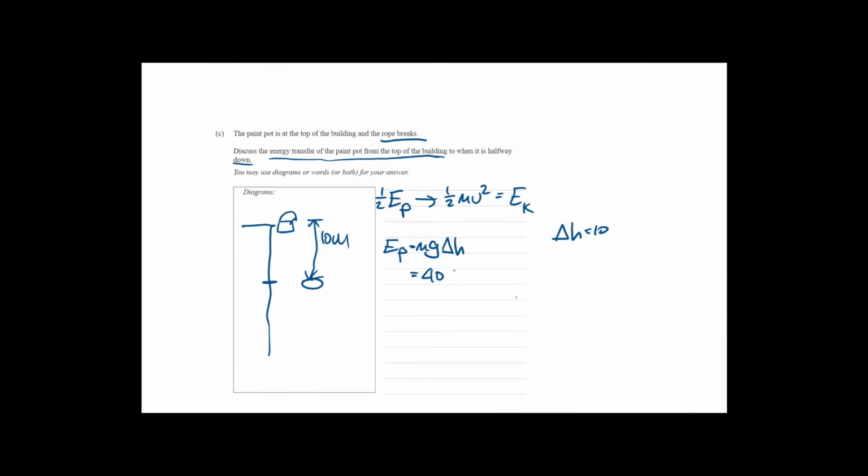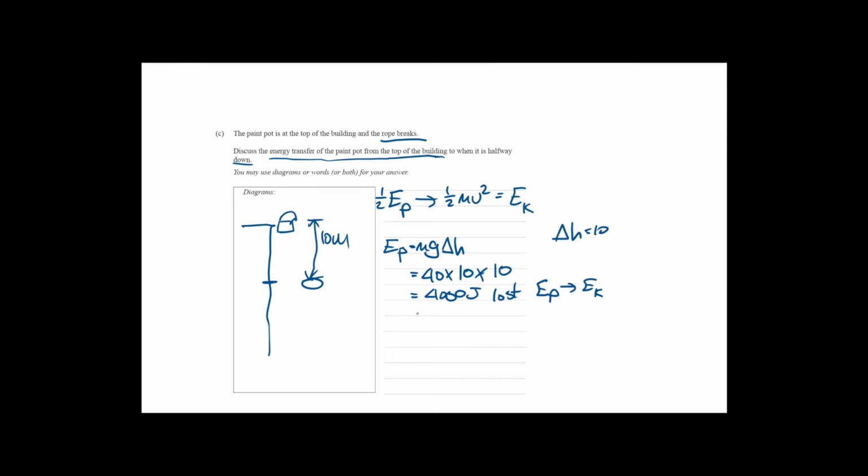So it's 40 kilograms times gravity, we're saying it's 10, and the change in height is 10, so 40 times 10 times 10 is 4,000 joules lost from potential energy into kinetic energy.